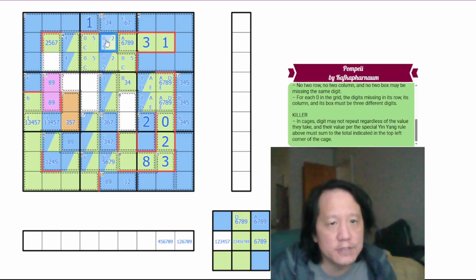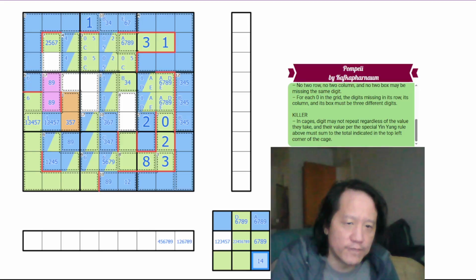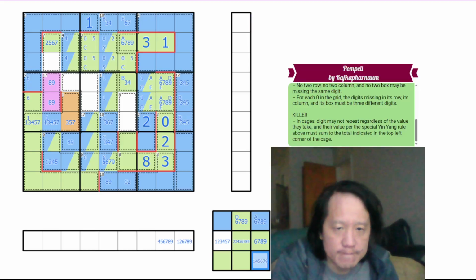We have a guaranteed 0 here. That means one of these 5 is a 0, and then any of these could be 0. What are we missing in box 9? It could be 1, 4, 5, 6, 7, 9.